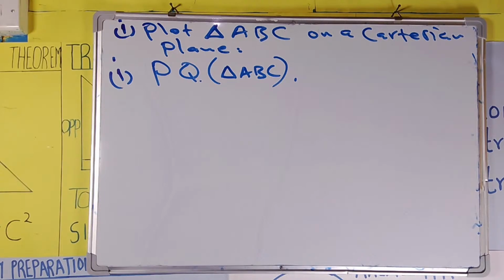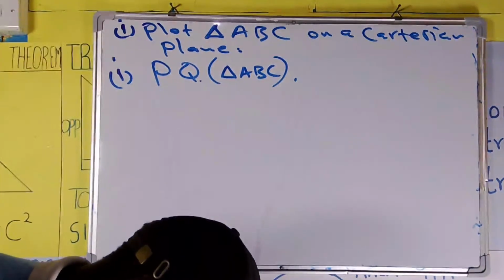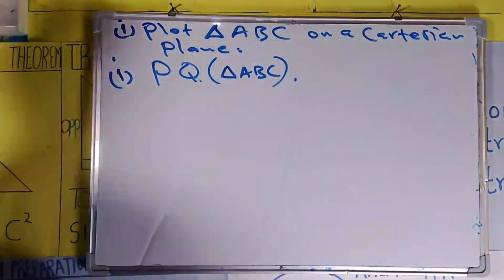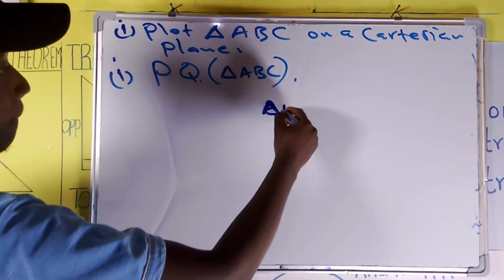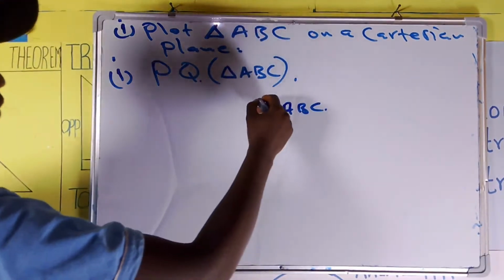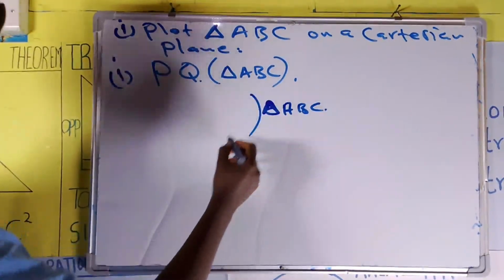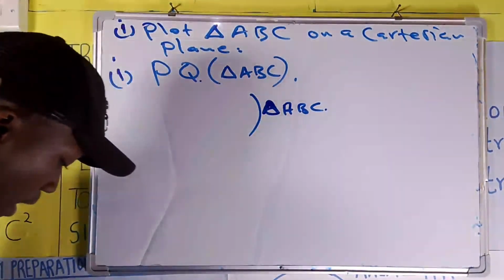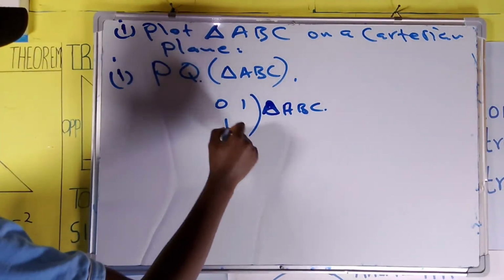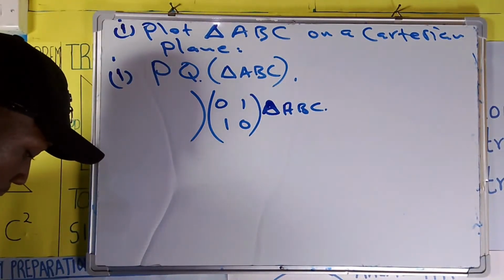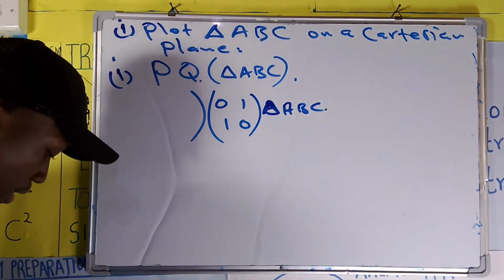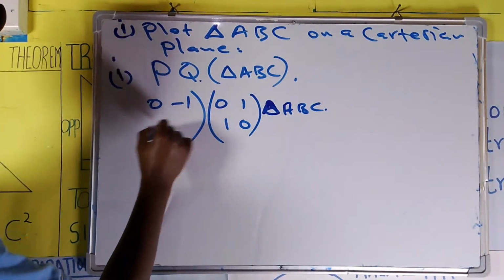So we will start with PQ, with the first transformation being Q. We are transforming triangle ABC with the first transformation being Q, which is 0, 1, 1, 0, followed by the second transformation P, which is 0, -1, 1, 0.